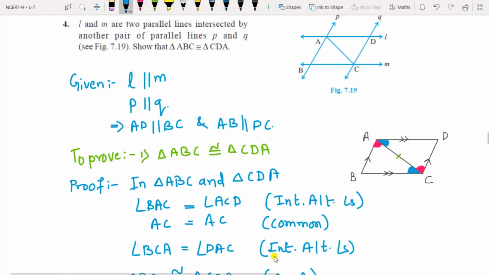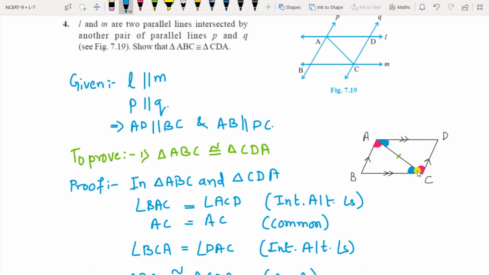In question number 4 here, these two lines L and M are parallel to each other, and P and Q are the transversals to L and M, but they are also parallel to each other, so therefore they form a parallelogram in between them, that is ABCD, and this is the diagonal of the parallelogram AC.